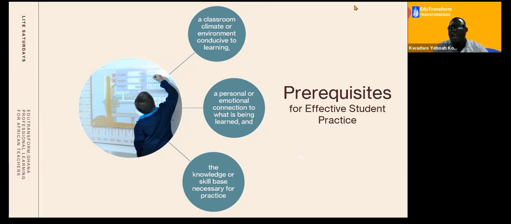I remember one of my friends, she was so good, but she would never say anything in class. She would rather write it down on the table and say, you say it, because she didn't want to say it and make a mistake. It means that the classroom environment has not been designed to support the practice that needs to be done.